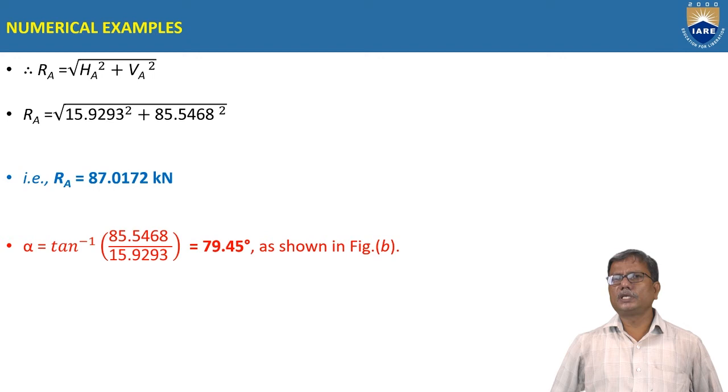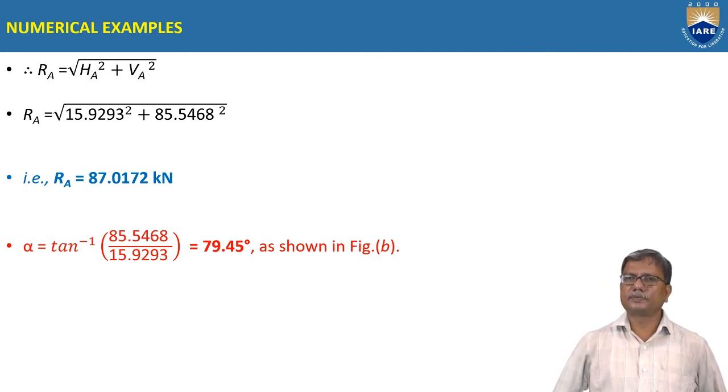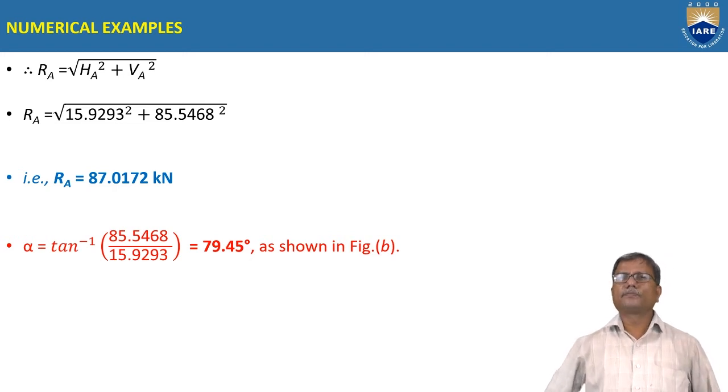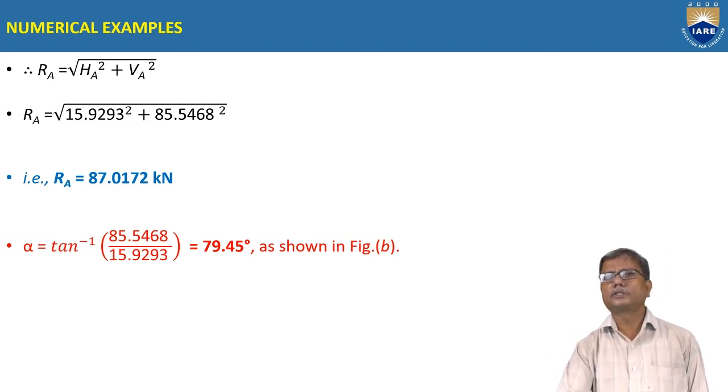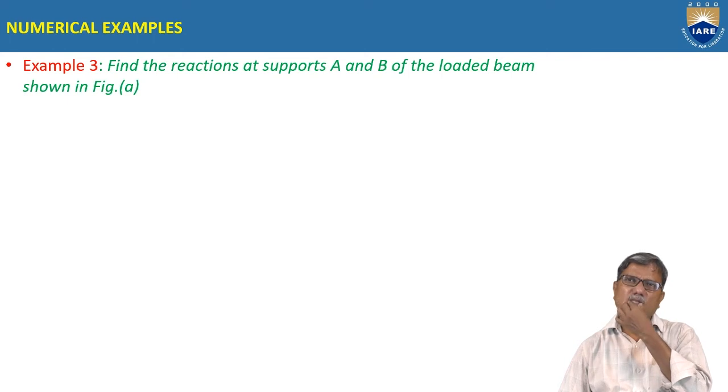You observe VA is 85 point something and HA is 15.9. So VA is greater than HA, so the inclination alpha is greater than 40. You can observe that. Is this clear? Some of the examples on simply supported beams.